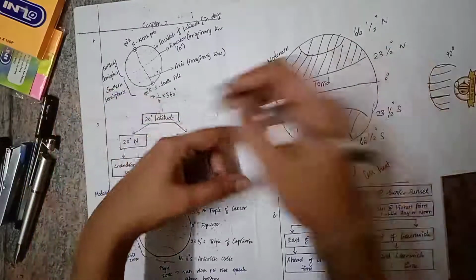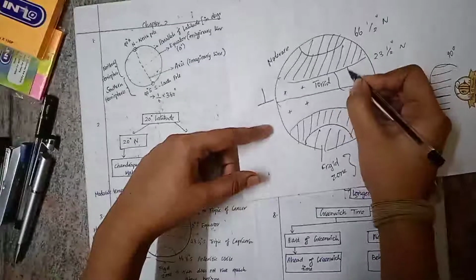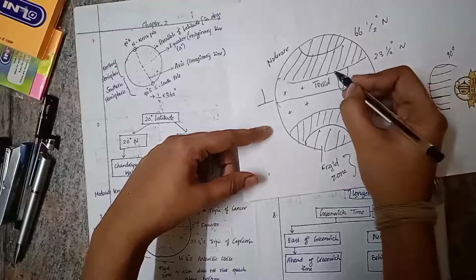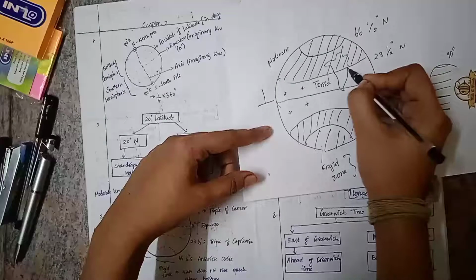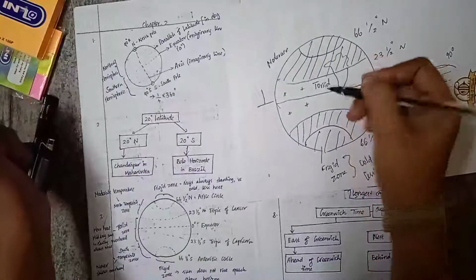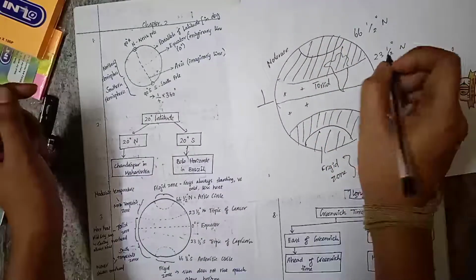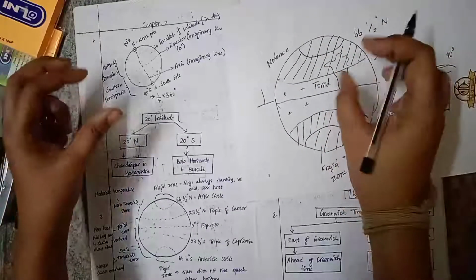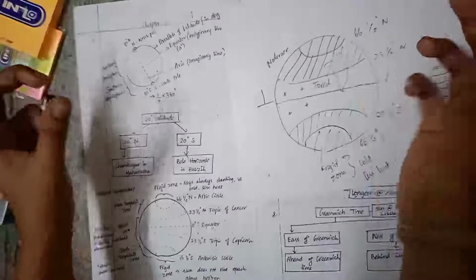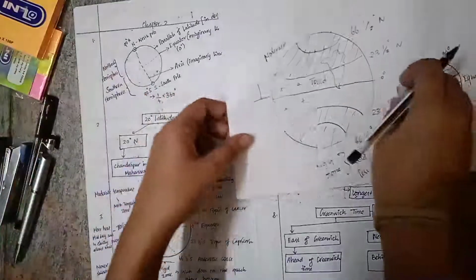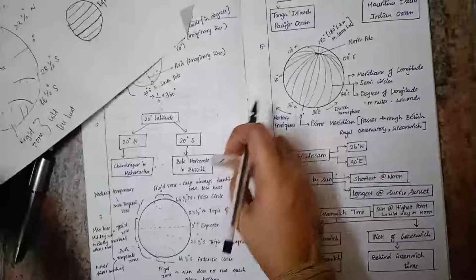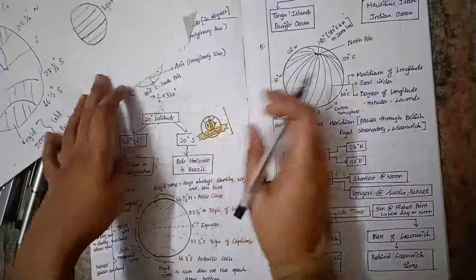In India, half of the country is in the torrid zone and half in the temperate zone. Our southern part is in the torrid zone, whereas the northern part is in the temperate zone. Because of this, the southern part receives more heat than the northern part. These are the things relating to the major latitudes.